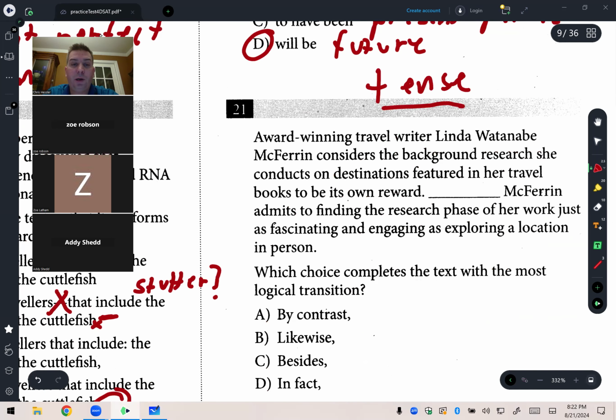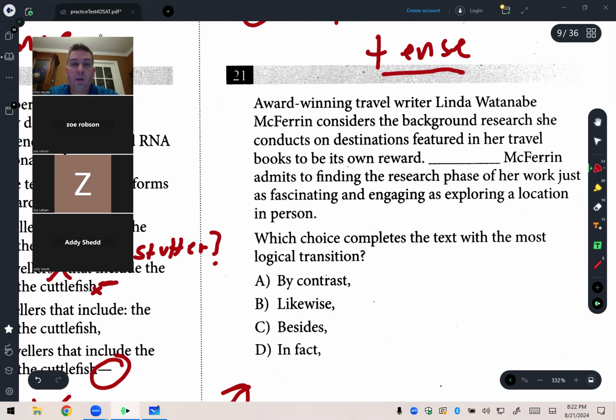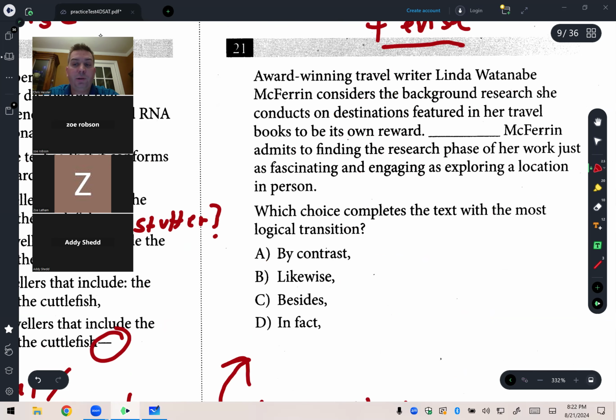On to 21. Here's a transitional word or phrase question. Award-winning travel writer Linda Watanabe McFerrin considers the background research she conducts on destinations featured in her travel books to be its own reward. Blank, McFerrin admits to finding the research phase of her work just as fascinating and engaging as exploring a location in person.